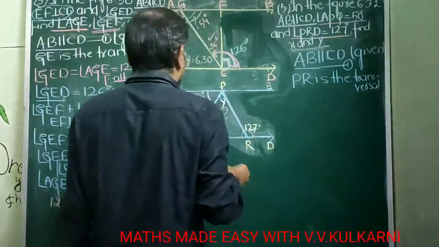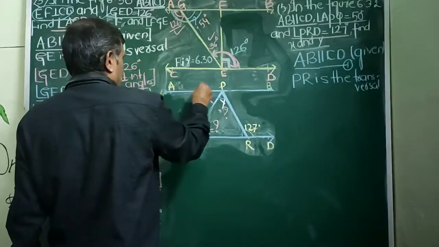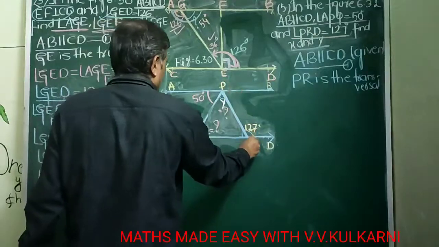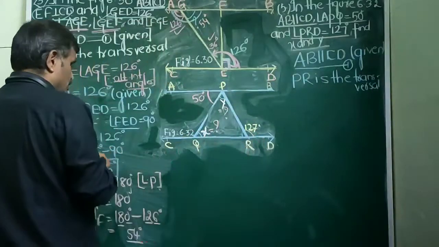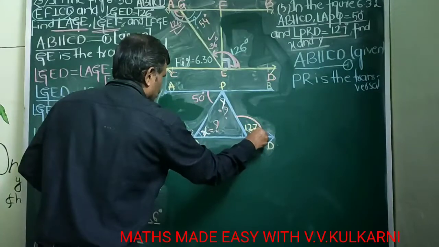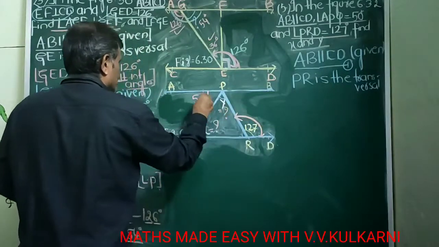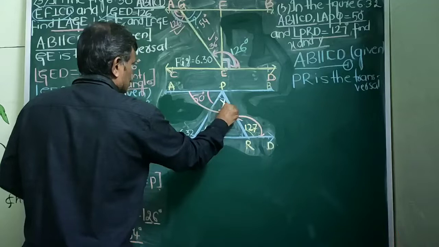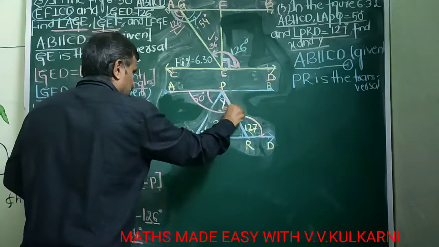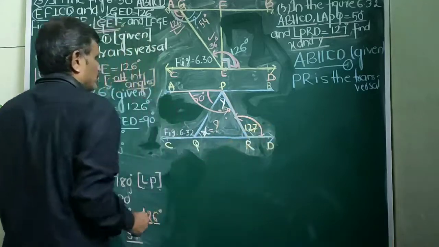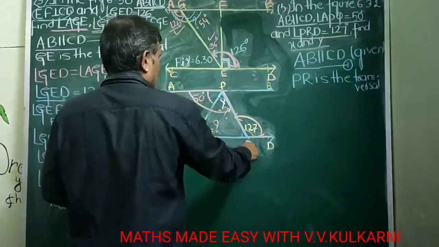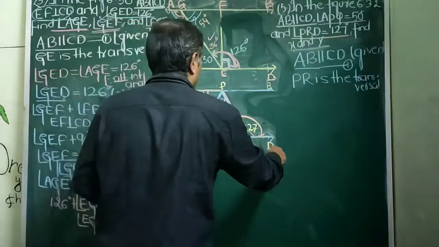So in that case, what happens is, you see, angle PRD will be equal to angle APR. Just once again, I want that you should pay your attention here. This angle I am talking about. This angle, you see, this angle is equal to this complete angle. So it is forming a Z here. You can see the pattern of Z that is available here. So Z pattern is followed. So what I say is, angle APR is equal to angle PRD.